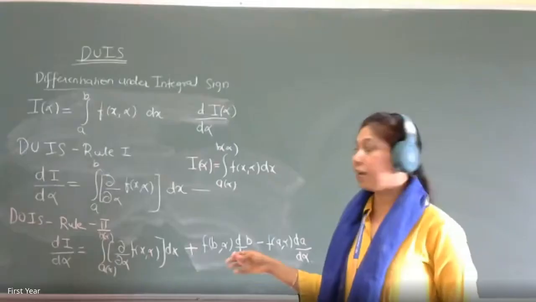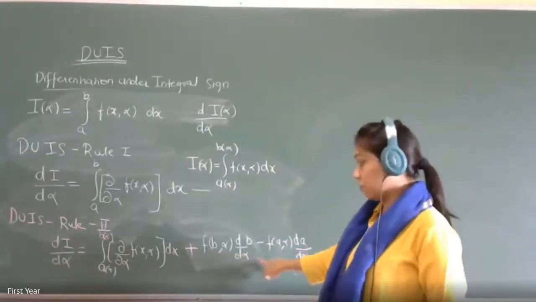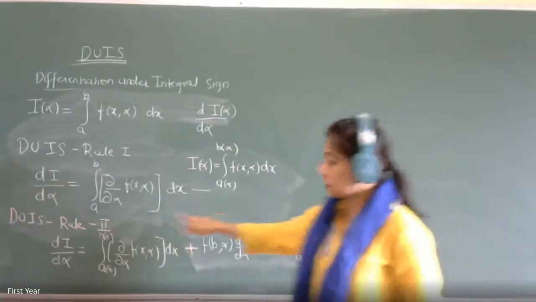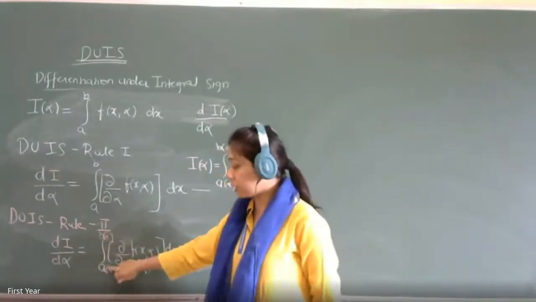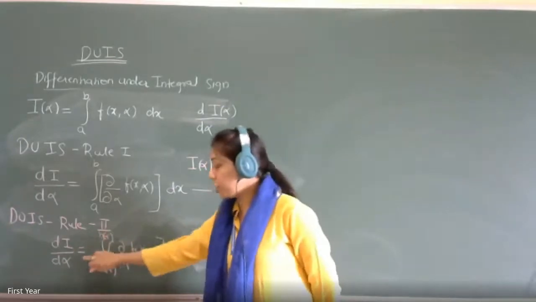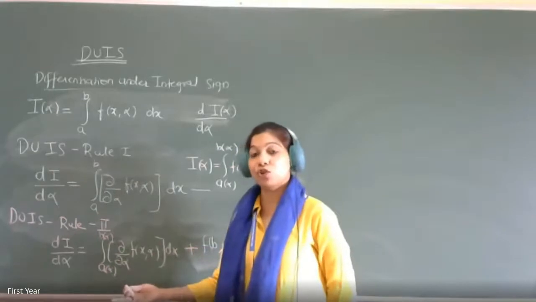Yes, ma'am. Ma'am, can you take one example and explain? Yes, definitely I'll take one, but first, is this equation that I'm writing clear to everyone? If the limits have alpha in them, then when differentiating after integration, I will get an upper limit and a lower limit. Those contributions should be counted.